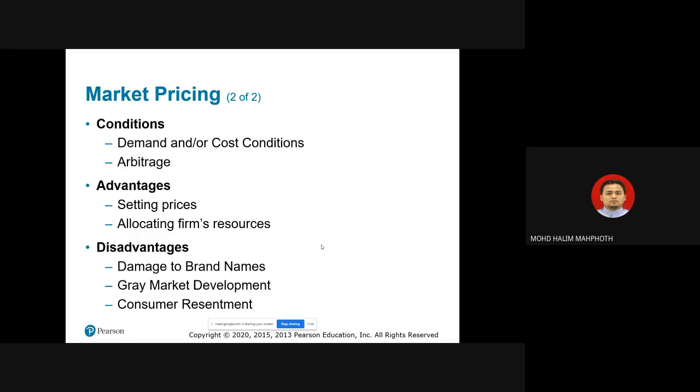And when you go back, you are not an authorized dealer or authorized agent of coral, but you sell this coral to your friends. That is considered as gray market.